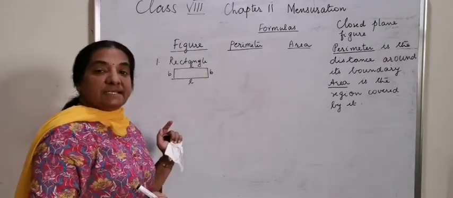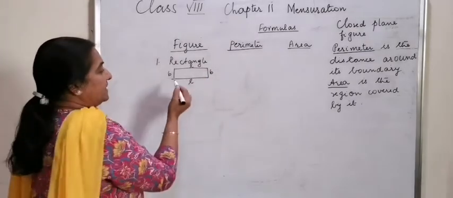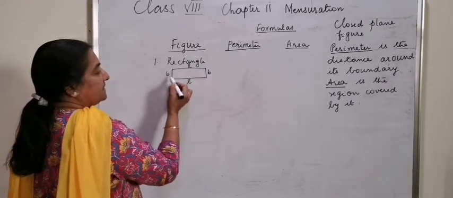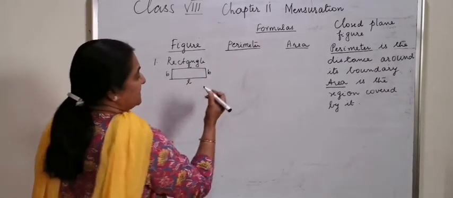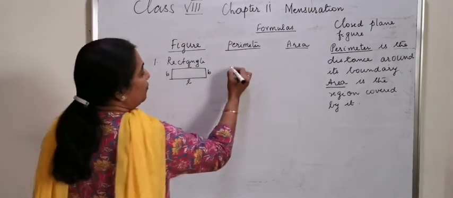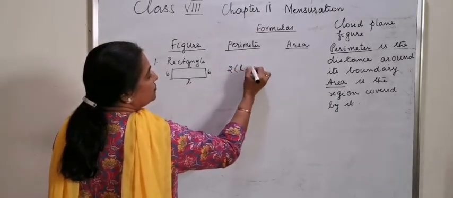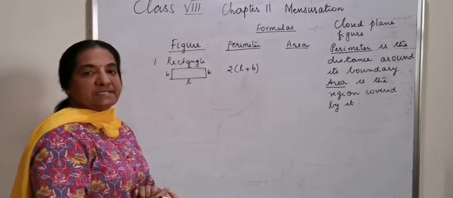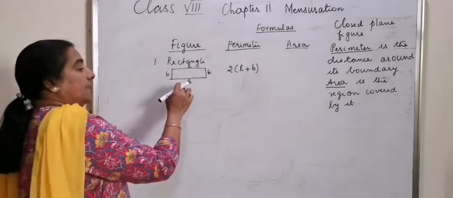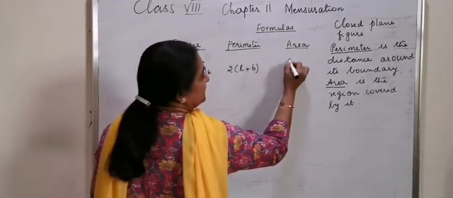Perimeter is the distance around the plane figure, which shows length plus breadth plus length plus breadth, which represents 2 times length plus 2 times breadth, or the formula is 2 into (L plus B). Area of a rectangle is length into breadth.